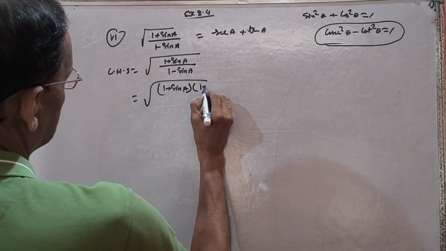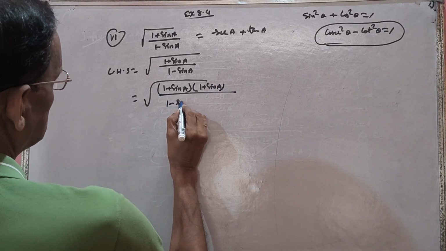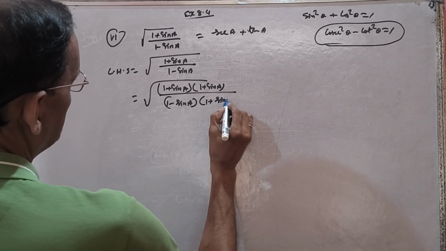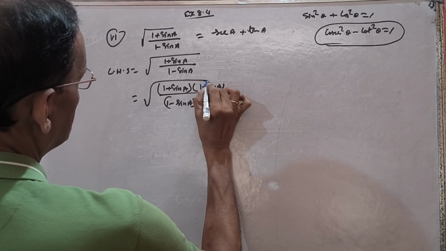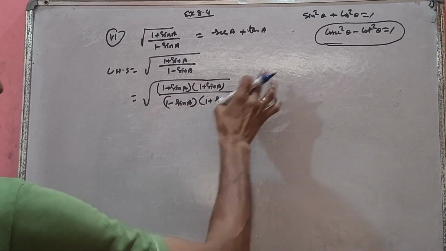Multiply by 1 plus sin A. Here also 1 minus sin A into 1 plus sin A. We have multiplied both the numerator and denominator by 1 plus sin A because it was 1 minus sin A. We have the identity from here.